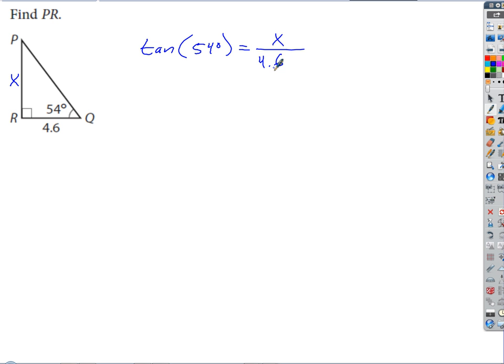X over 4.6. Good. So then PR, which is X, just equals 4.6 tangent of 54. And that's just a calculator number. Right? Go ahead and calculate. Okay, make sense?